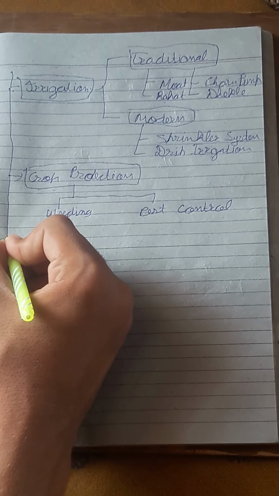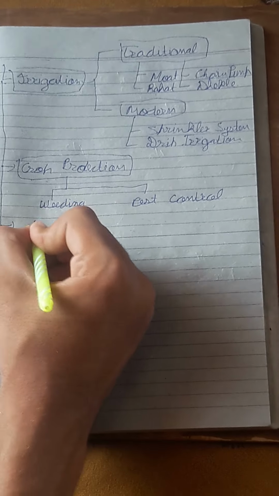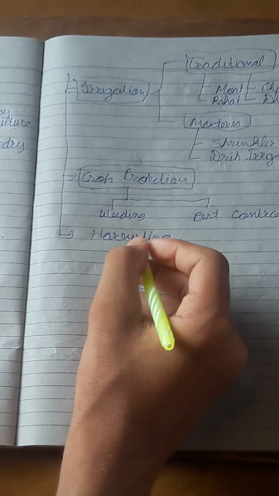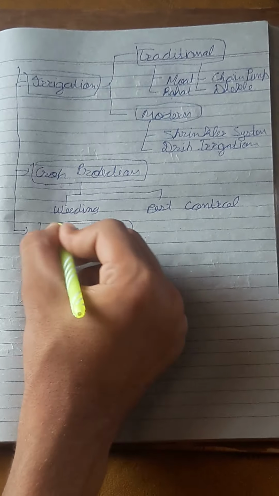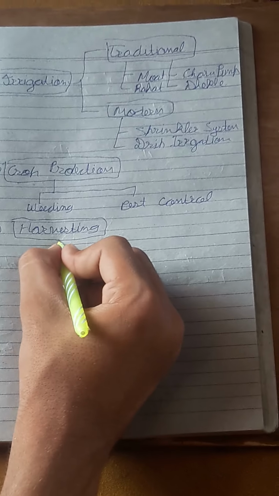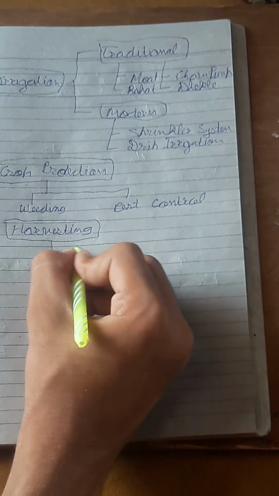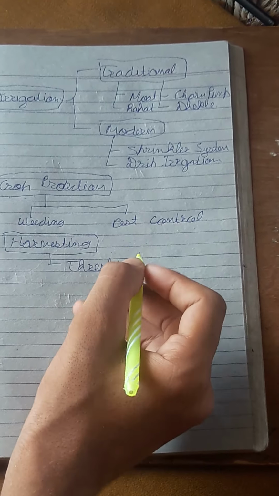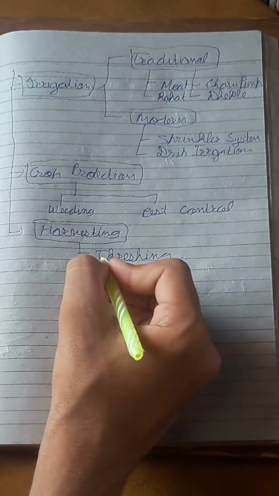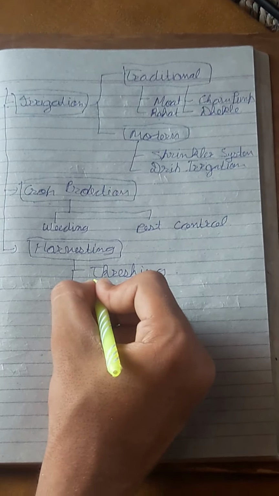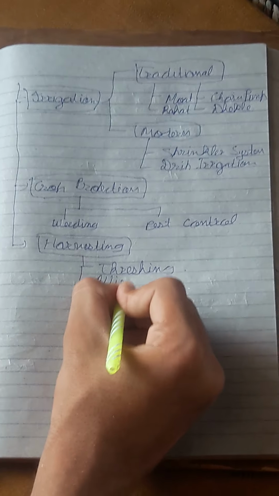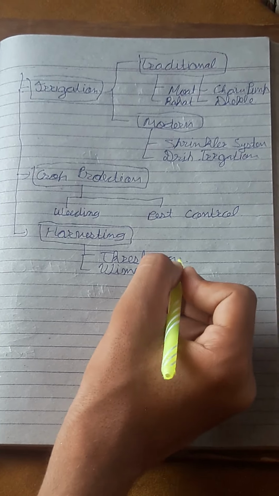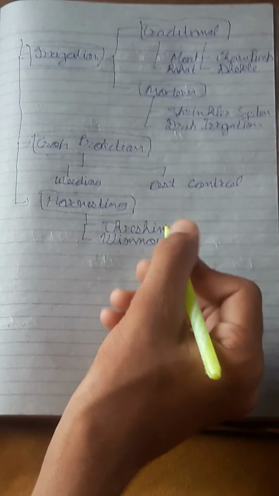Then after we have protected the crop, it's time for the harvesting of the crop. After the harvesting, it is divided into threshing. Threshing is the separation of the grains from the stalks. Then winnowing, which is the separation of the chaff and the grains.